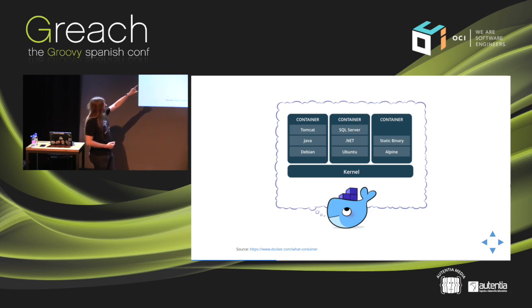For example, if you want to build a container based on Debian, you have the Debian user space binaries inside. You can add Java and Tomcat, and there you have a Java application which you can deploy and run and operate as a container. And the nice thing about containers is that they are very technology agnostic, regarding the software you put into them.